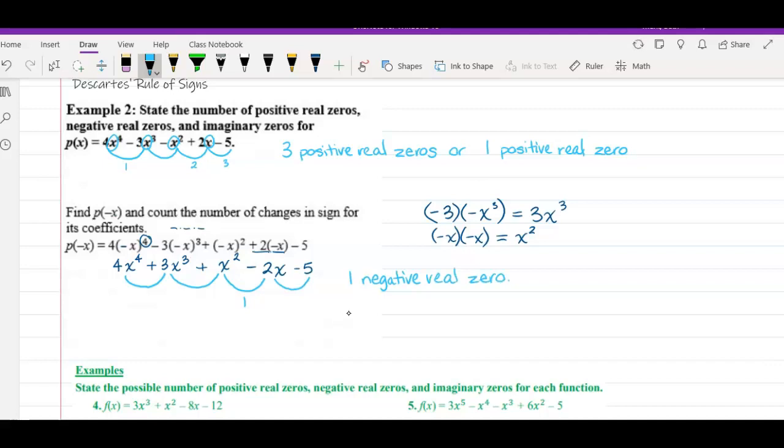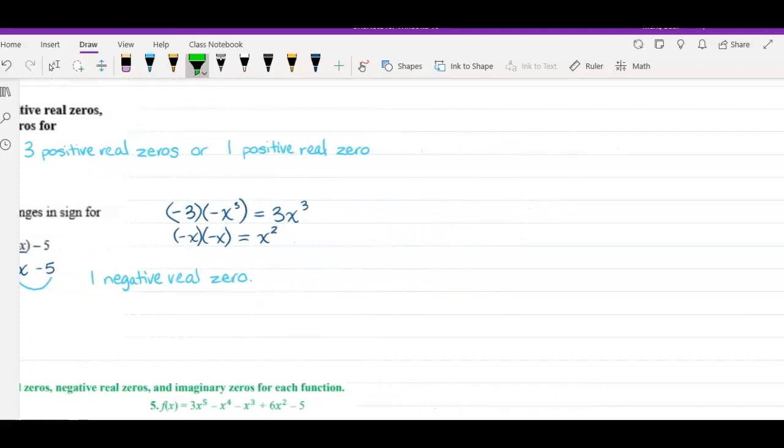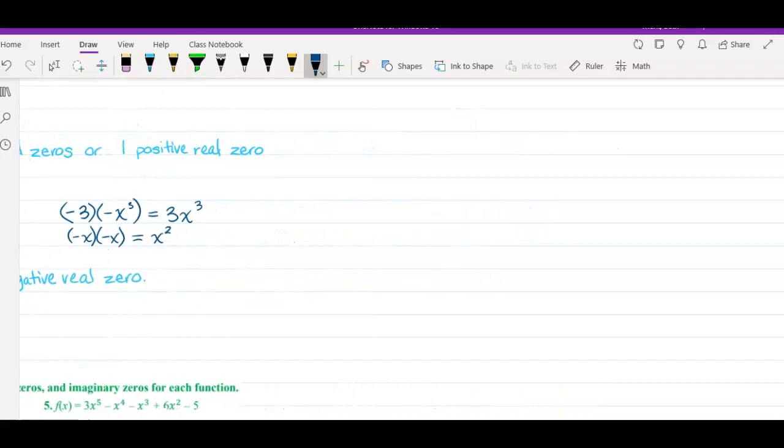Now we have to consider the imaginary zeros. And the way we're going to figure those out is by the process of deductive logic. Notice the highest degree here was a 4. So we are expecting 4 zeros based on the fundamental theorem of algebra. So I'm going to put total here on the right.